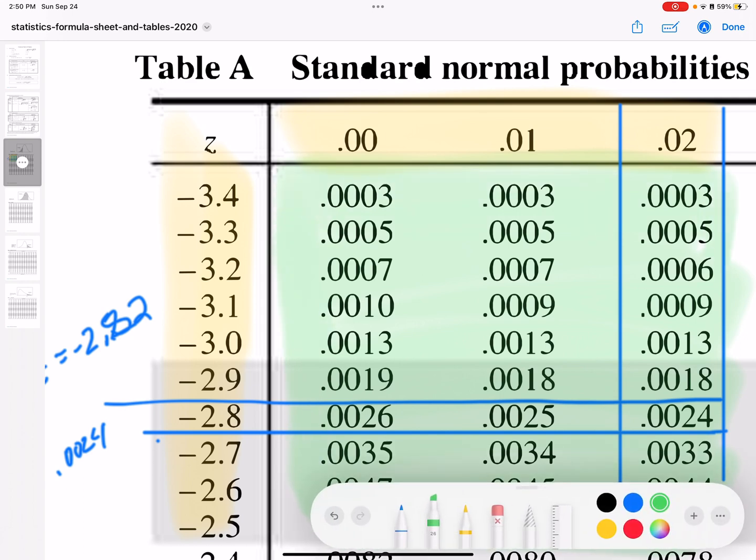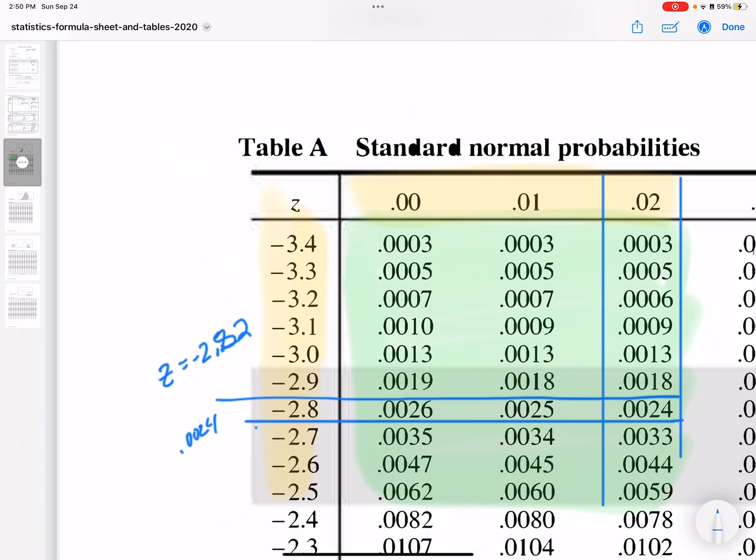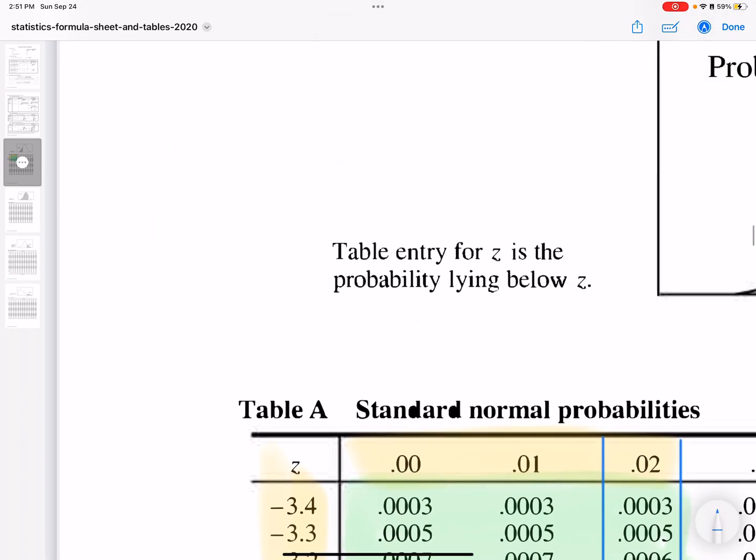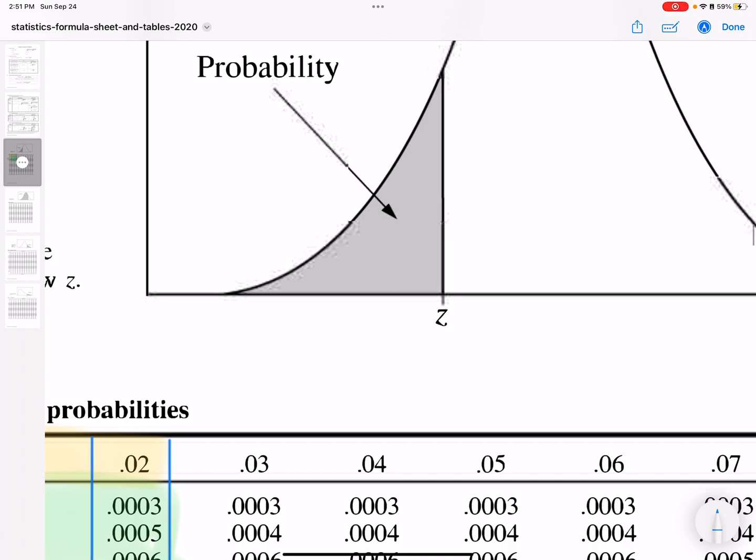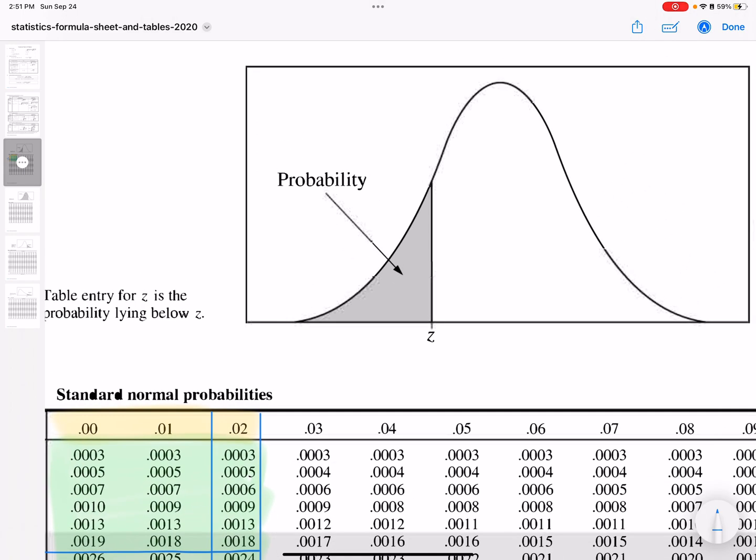So for a z-score of negative 2.82, let me just actually draw it up here. If this is my z-score, I'm going to draw what it would look like. This here, smack in the middle, would be a z-score of 0. And we're going to go 1, 2, 3, 1, 2, 3.